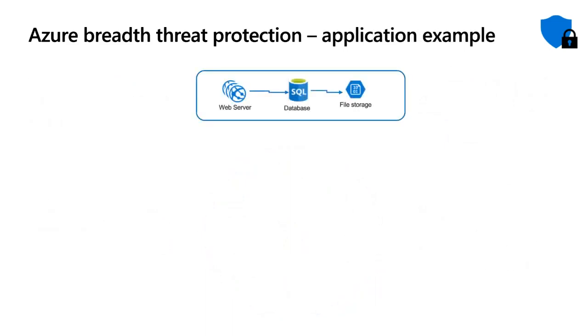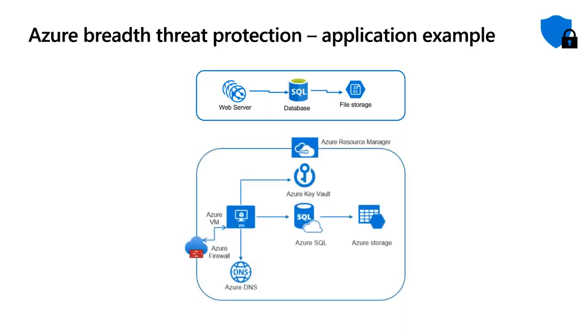Okay, so now let's talk about an application example. We have a simple web application composed of a web server, database, and file storage. Now I'm going to show you how this application can be implemented within Azure. We've got an Azure virtual machine that acts as a web server.